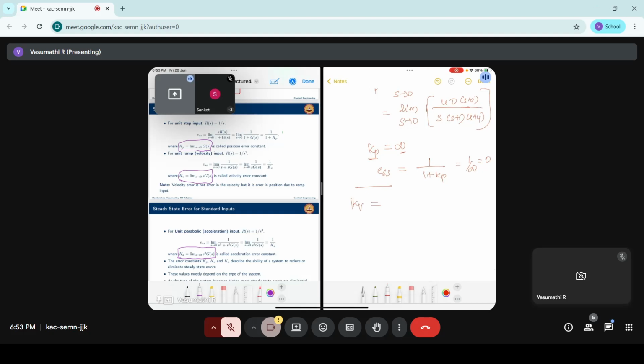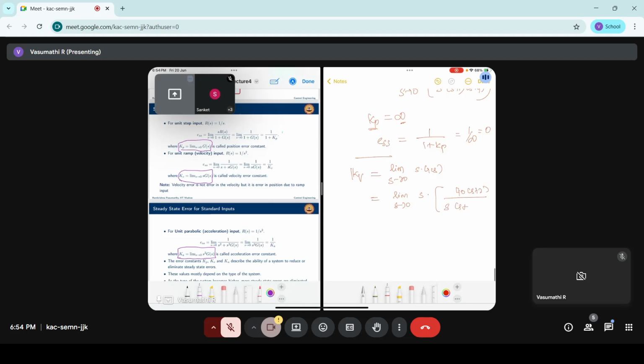You can solve straight away with s into s plus G of s also. Otherwise, you can take this shortcut equation, limit s tends to 0, s into G of s, when you are asked to find the coefficient separately. Just limit s tends to 0, s into 40(s plus 2) by s into (s plus 1) into (s plus 4).